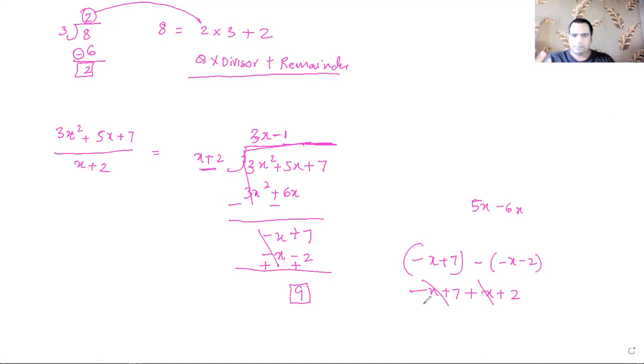So 3x squared plus 5x plus 7 can be written as x plus 2 times 3x minus 1, plus 9. So quotient times the divisor, plus 9. If you open this up, you'll notice that you're getting the exact same polynomial. So that's the first example. Now let's take the next one.